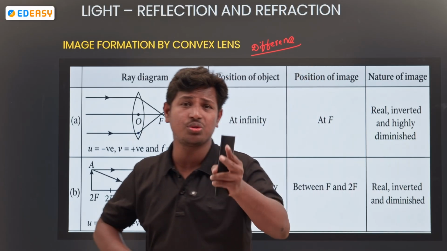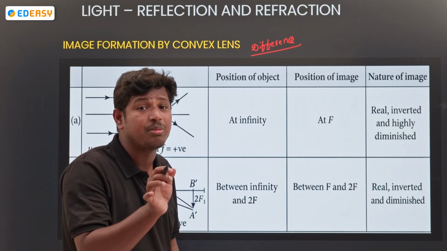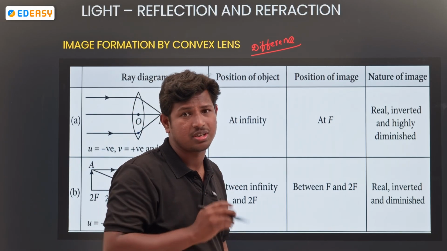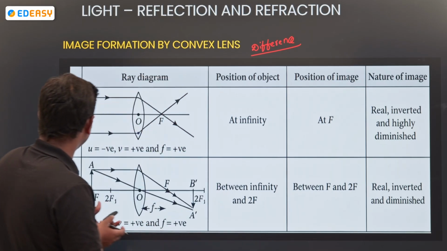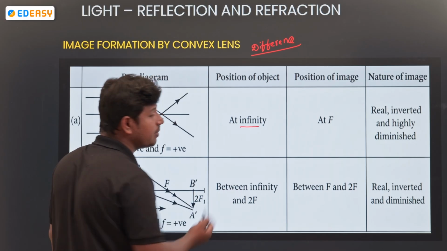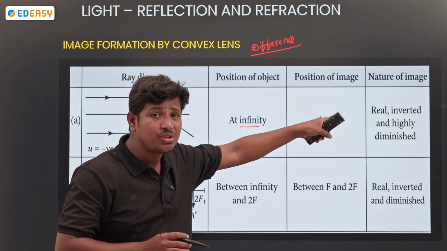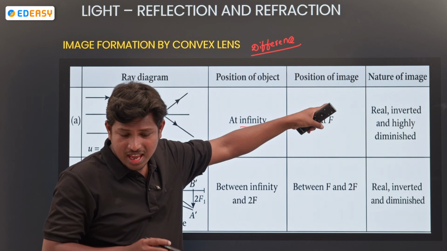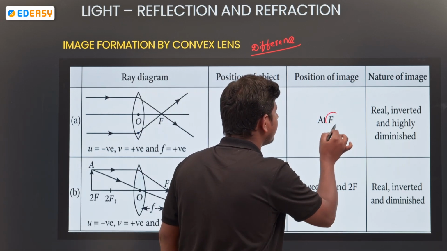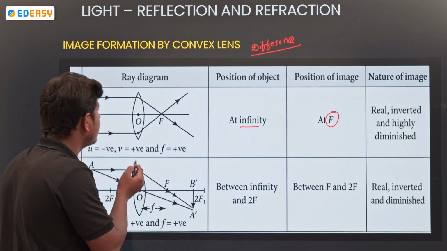Compare the two. Here we take the object at infinity. Blindly follow: if the object is at infinity, where is the image? Anybody from the comment section? F.